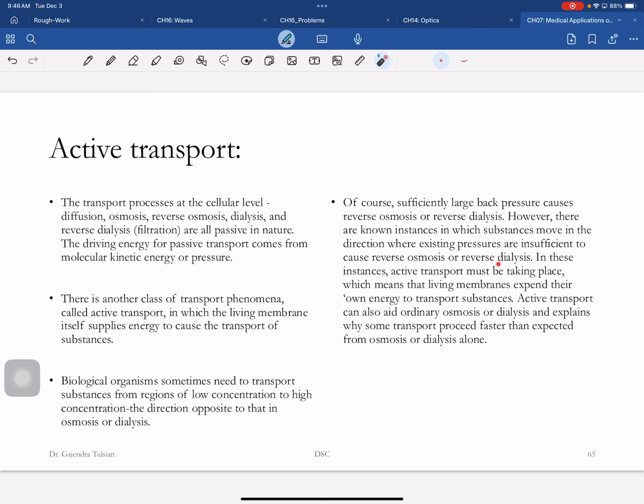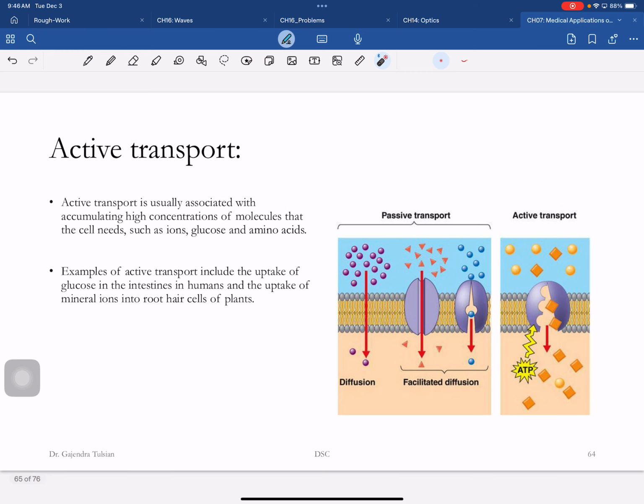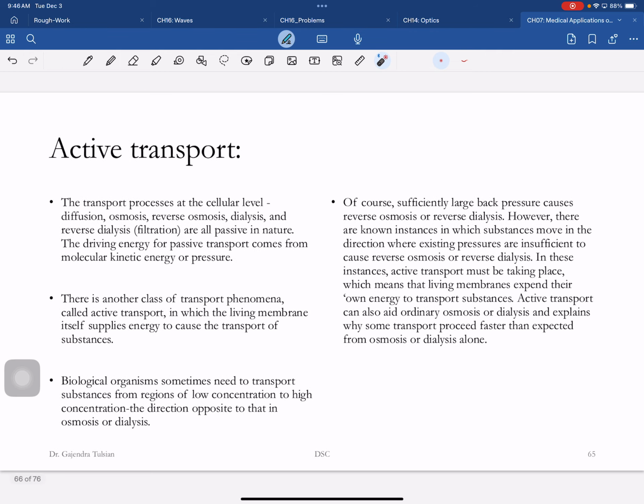Reverse dialysis is motion of small molecules from lower concentration to higher concentration. So in these instances, active transport must take place. So when pressure can't move stuff from low to higher concentration, then you use energy, and that's active transport.